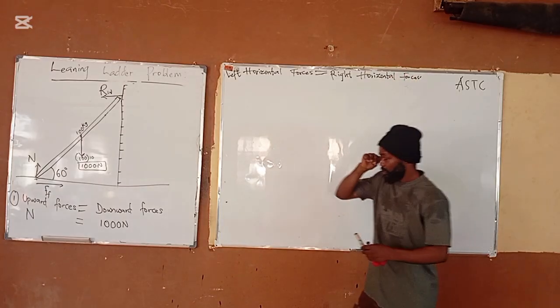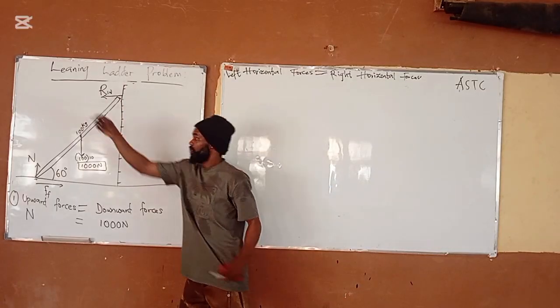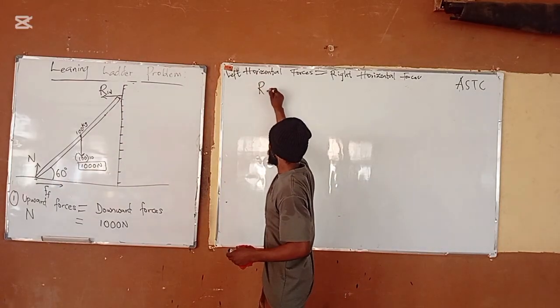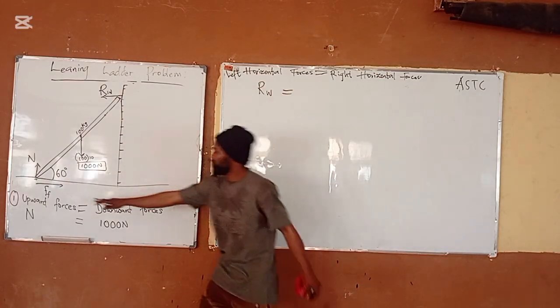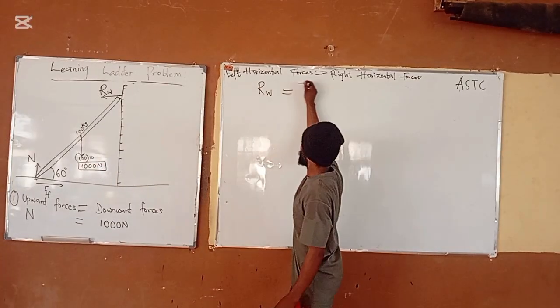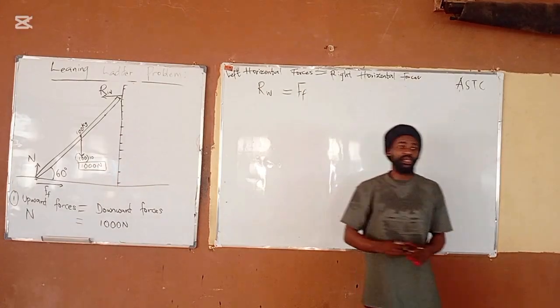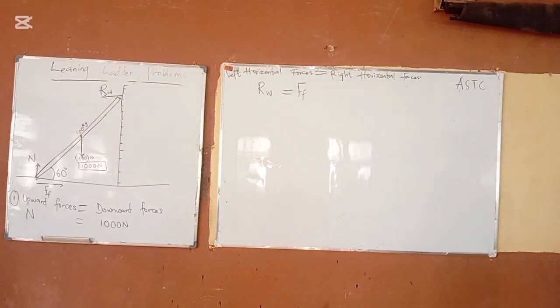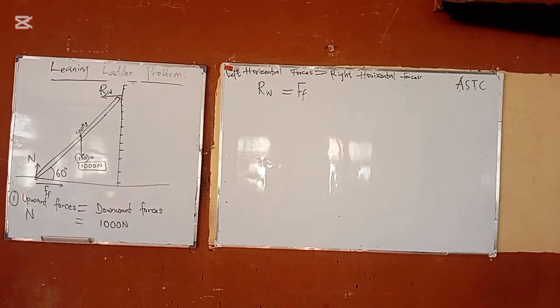So notice my left, this way, is RW, equal to, going this way, the frictional force. When you are doing this, it's not that you are finding anything. The essence of this is, let's say you have another question at the advanced level where, after finding friction or the reaction of the wall, they might ask you to find the frictional force there.